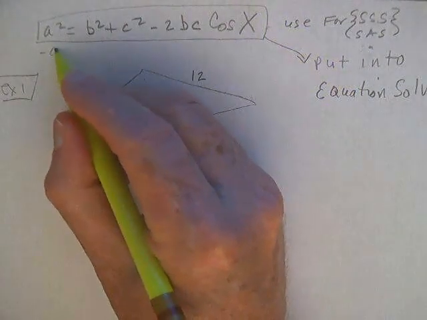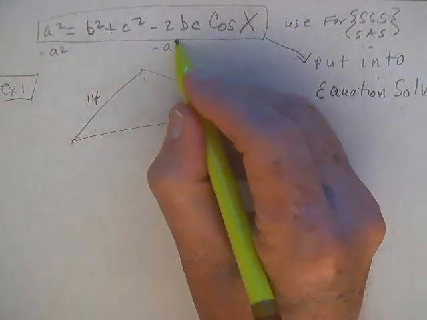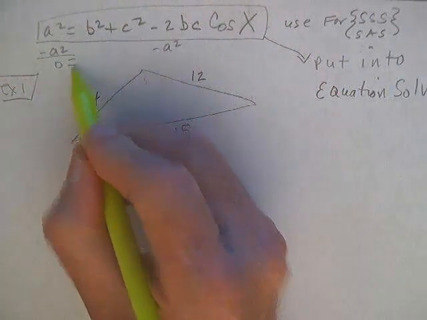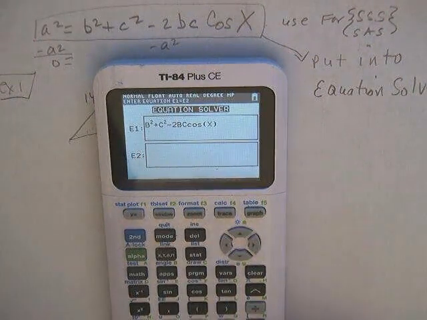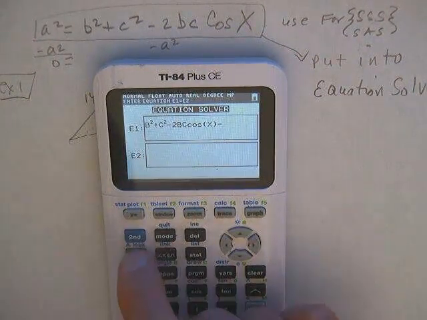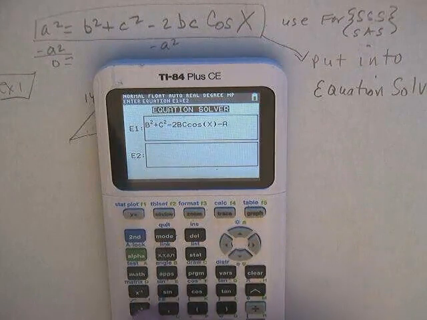Since some of the calculators say 0 equals, doesn't matter what calculator you have, put minus A squared right there.